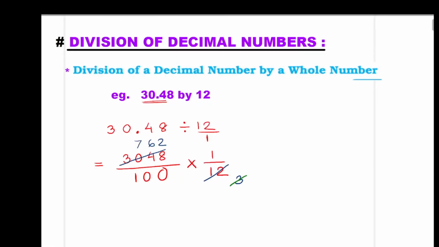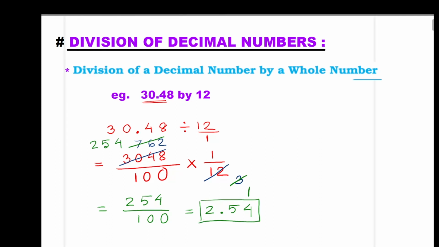So 3 1s are 3, 3 2s are 6, 3 5s are 15, 3 4s are 12. So what we will get? 254 by 100. Simply you can convert it into a decimal, because in the denominator there are 2 zeros. So before 2 digits from the right, the point will be there. So 2.54 will be the correct answer.